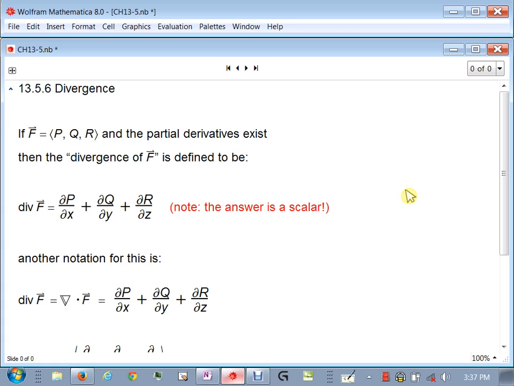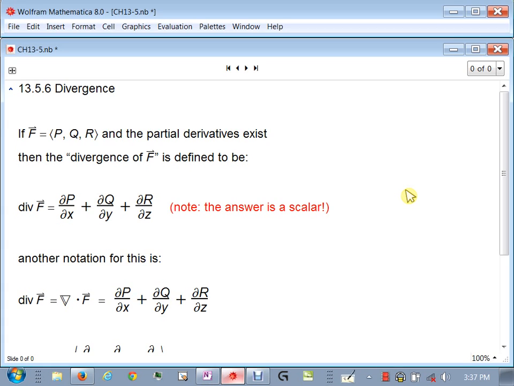You take P, differentiate it with respect to x, add to that Q with respect to y, add to that R with respect to z, you're done. No crosses, no dots, nothing. Just straight up partial derivatives, x, y, z in that order, left to right, done. Another way to look at it is del dotted with F.